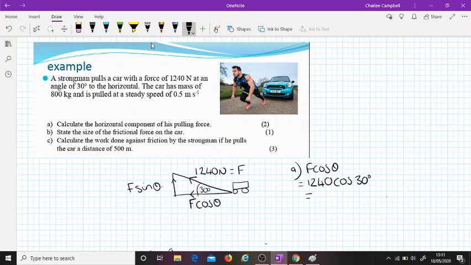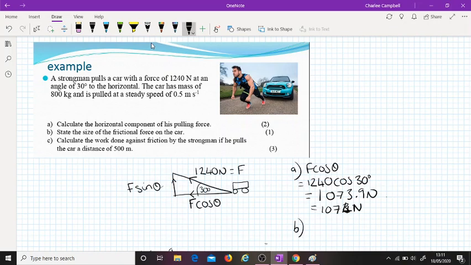If you put that into the calculator, you get 1073.9 newtons, which you can just round to 1074 newtons. So that's the horizontal component of the force.